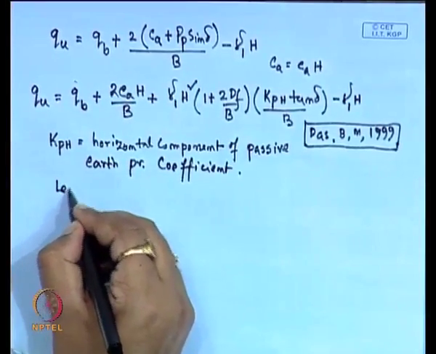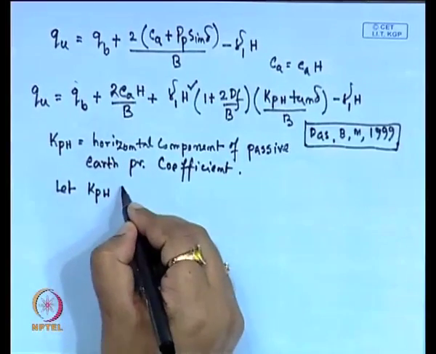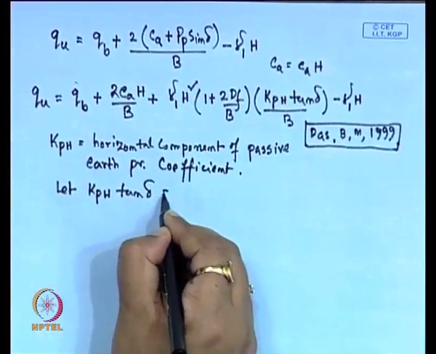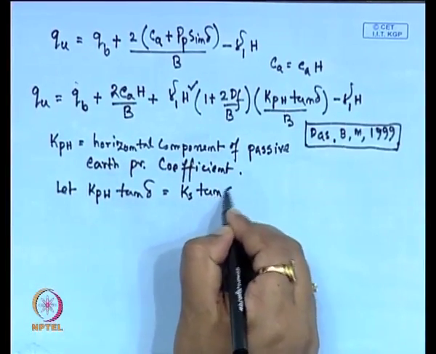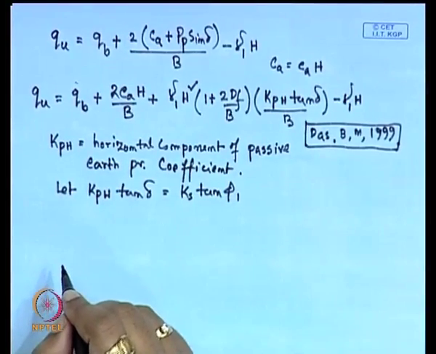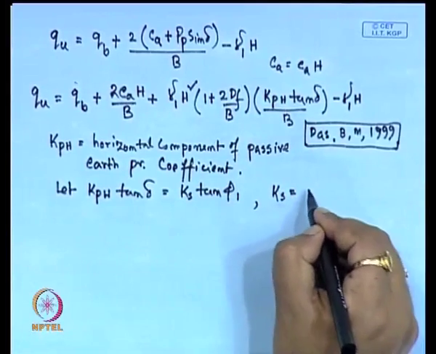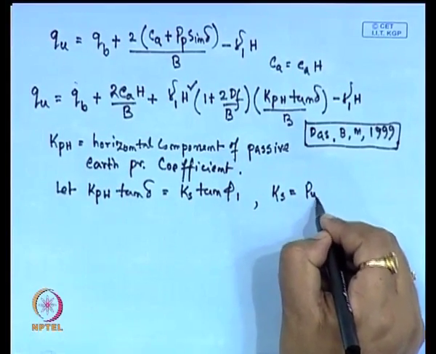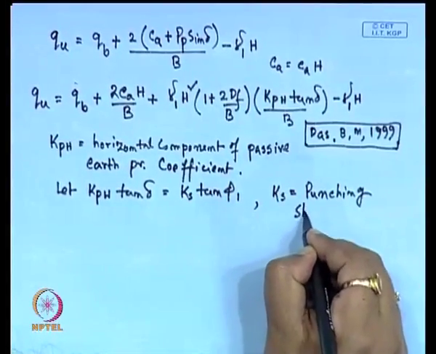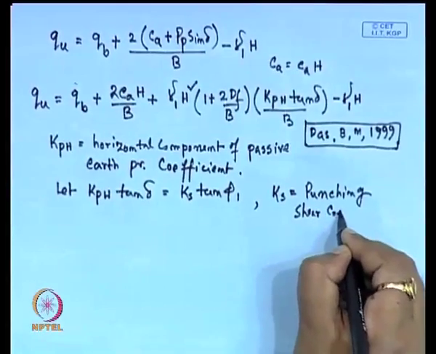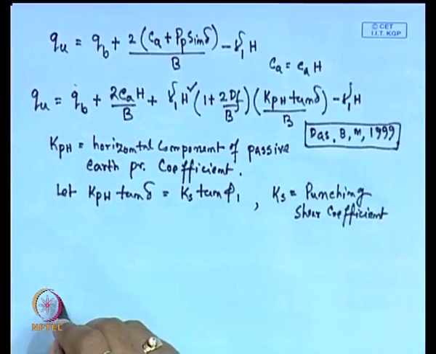Now, let K p h tan delta be equal to K s into tan phi 1, where K s is the punching shear failure coefficient.